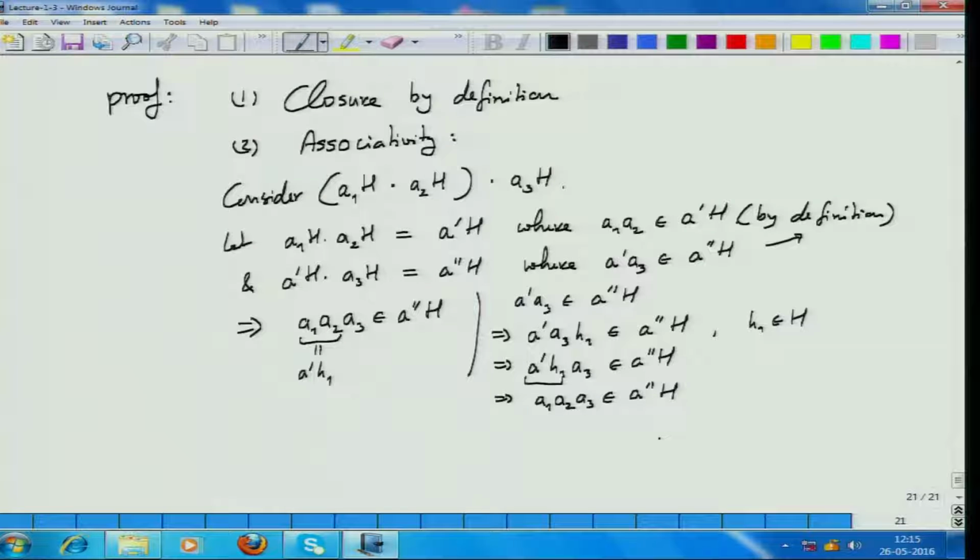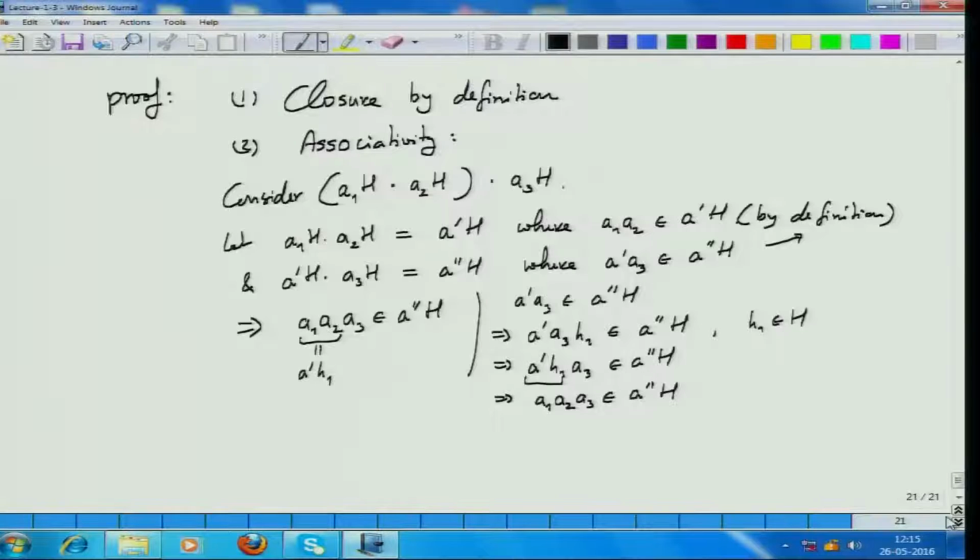So, this completes the proof for associativity. Are you convinced? Is there a doubt in this? No. Okay. It's pretty straightforward. It's just that I went through the details because it is important to formally write down these details and verify that for a general group this does hold.